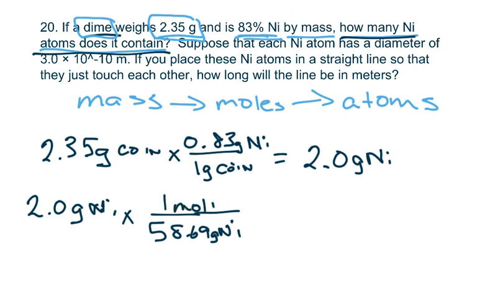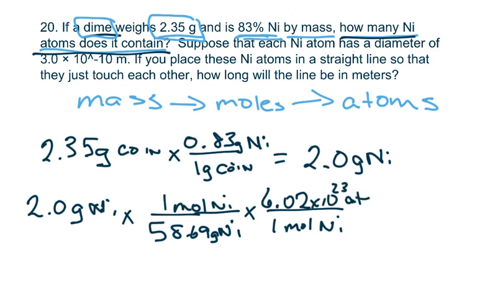1 mole of nickel, and then in 1 mole of anything, we have 6.02 times 10 to the 23rd atoms. All right. This is 3 sig figs, this one is 2 sig figs.